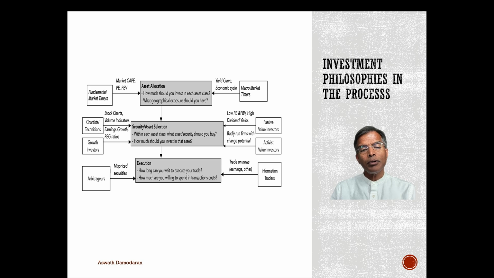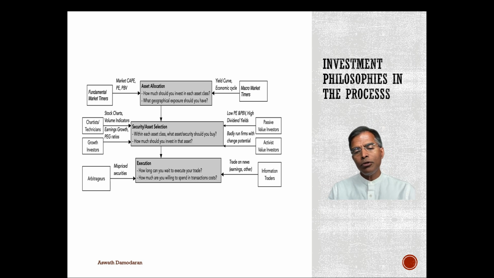And finally, there are people who don't really make judgments on markets or individual stocks. They try to find mispricing within the market that they can exploit. In its most perfect form, you find the same thing trading at different prices at the same point in time. You buy the cheaper version, you sell the more expensive version, you lock in a profit. That's called arbitrage.